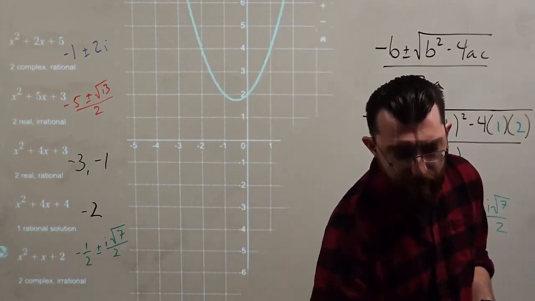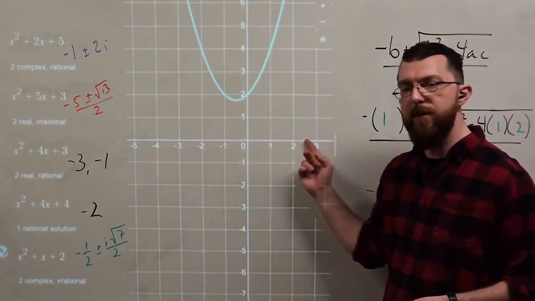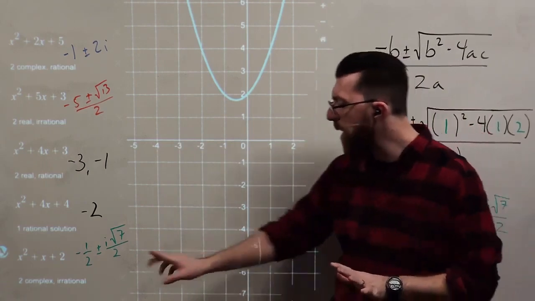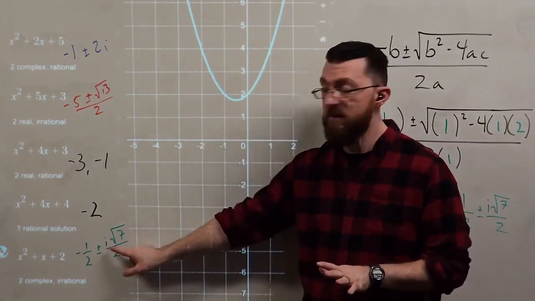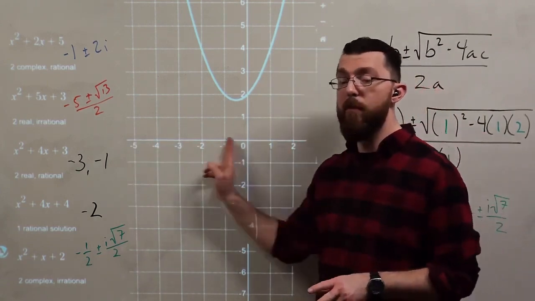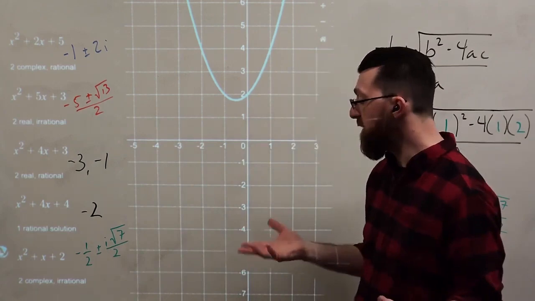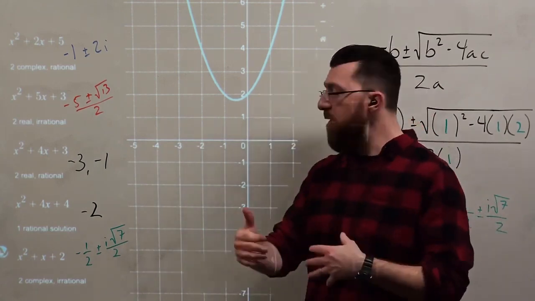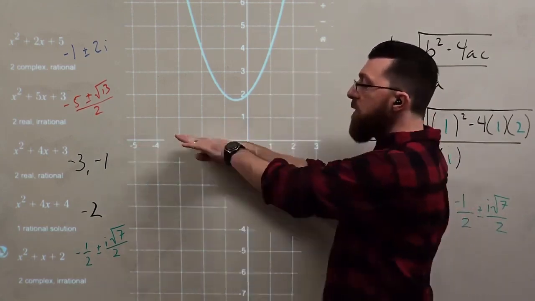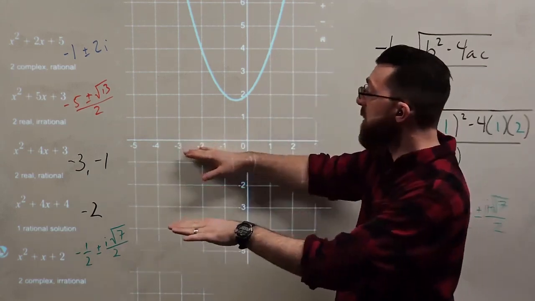Well, if I put that here, you'll notice that there are no x-intercepts. I'm sorry, let me take that back. There are no real x-intercepts. This x-axis is a real number line, and there are no real x-intercepts. Instead, if you extend this real number line into a complex plane, I need another spatial dimension to do that in.